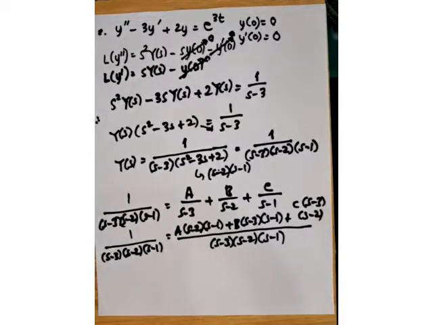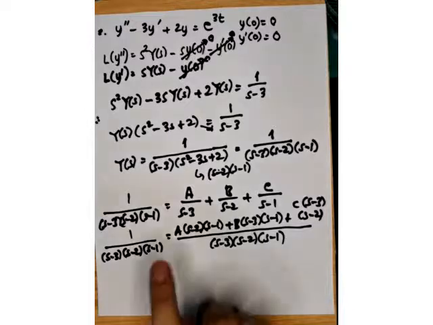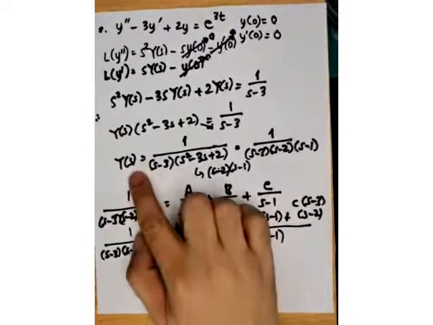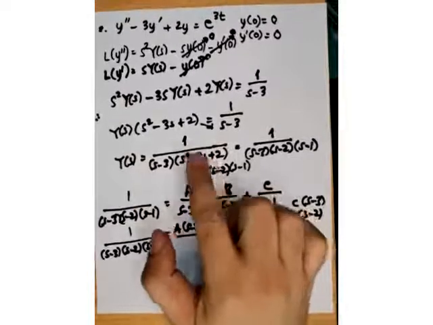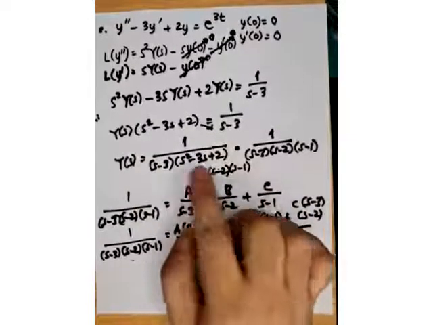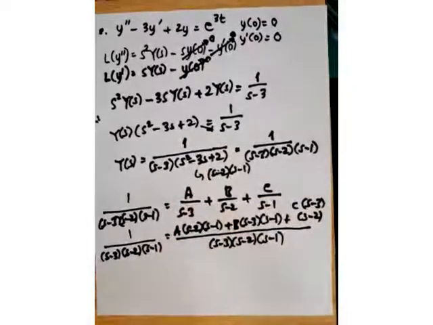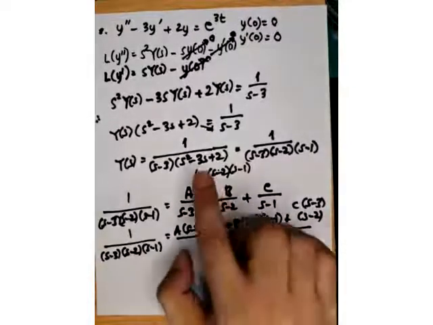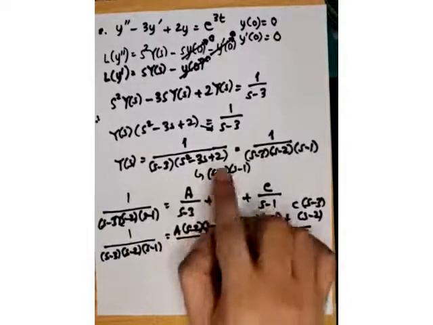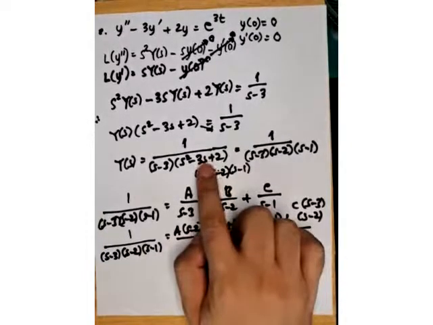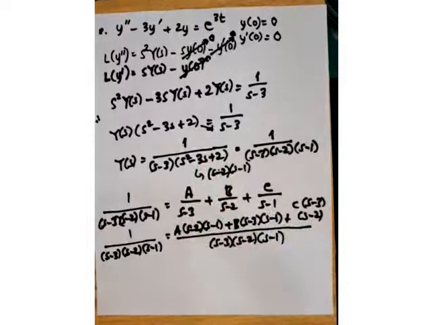Ayan. So after we find the y of s, we need to inverse Laplace transform this. So in order to do that, we need to decompose the fraction. Kaya magpa-partial fraction decomposition tayo. So chinek ko yung ating isang factor na denominator, at factorable naman siya ng s minus 2 tsaka s minus 1.